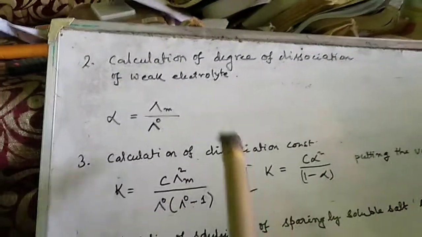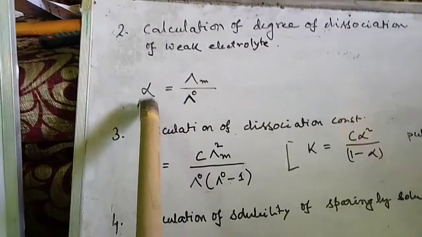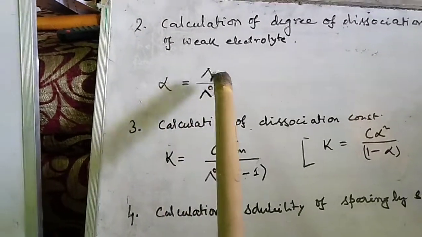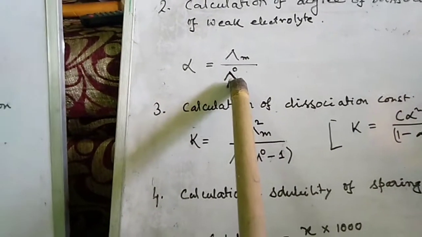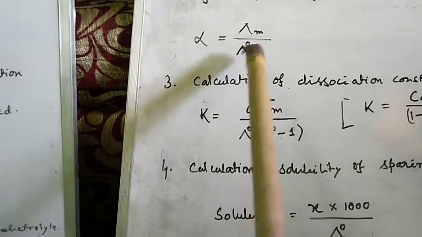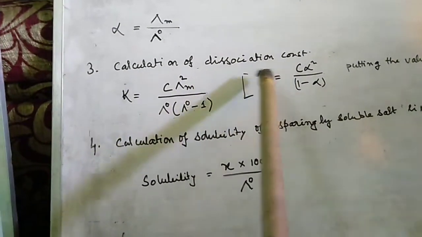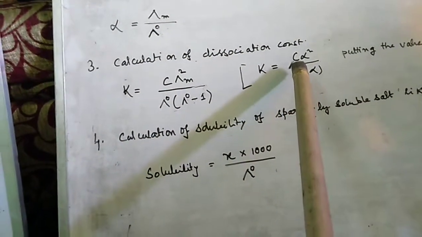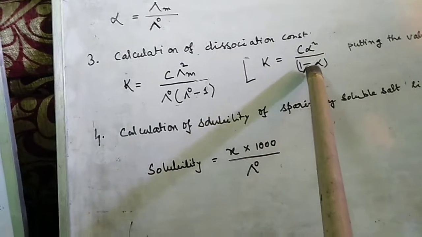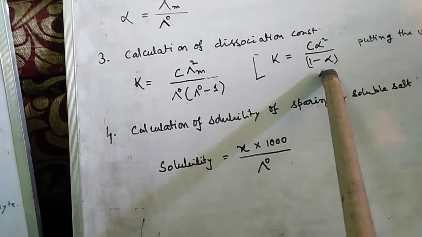The second is the calculation of degree of dissociation. The degree of dissociation alpha equals the molar conductance at any concentration divided by the molar conductance at infinite dilution. And we can also calculate the dissociation constant. We know that the dissociation constant K equals C alpha squared divided by 1 minus alpha.